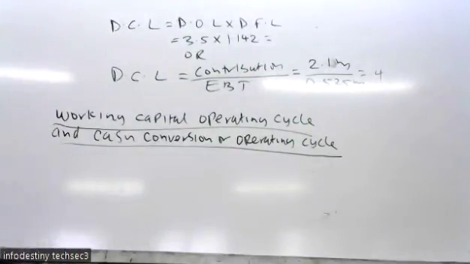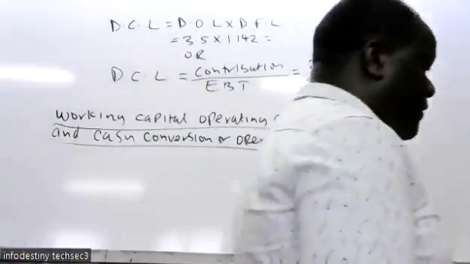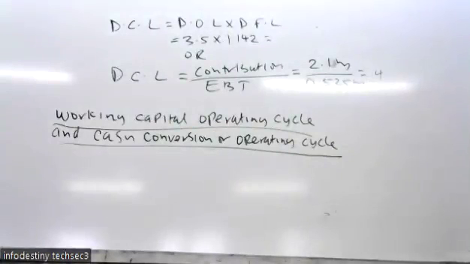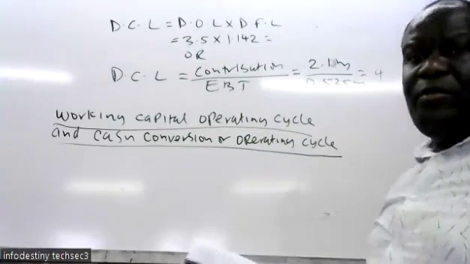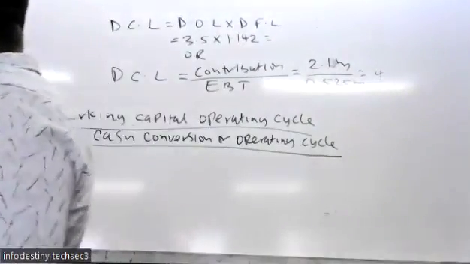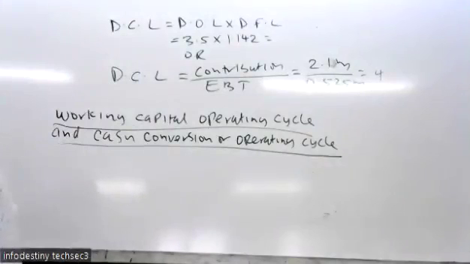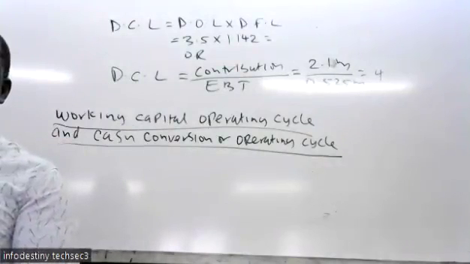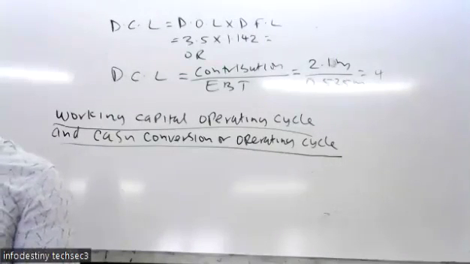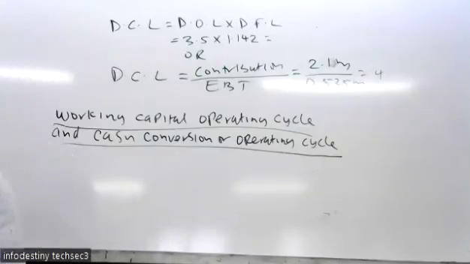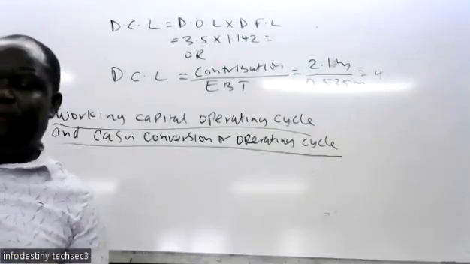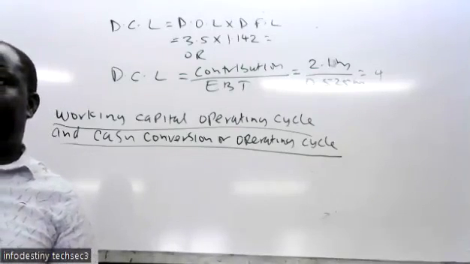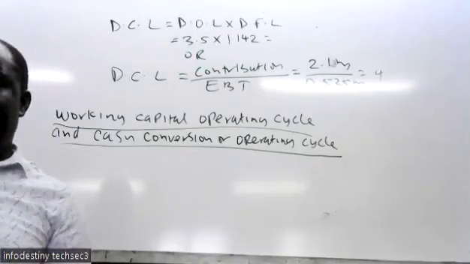The working capital operating cycle is the length of time taken to convert an item of the working capital from one stage to another in the process of generating cash.